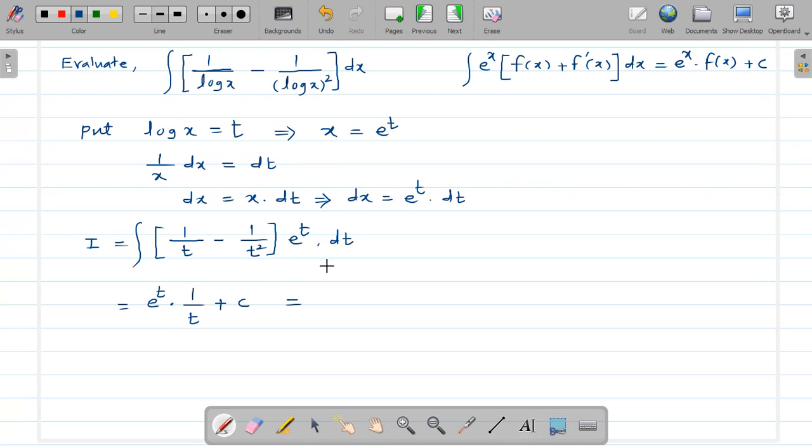Now resubstitute the value of t: e raised to log x, upon t means log x, plus constant. Now e raised to log x is always x, so it will be x upon log x plus constant.